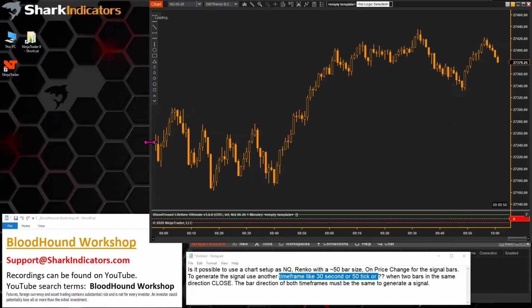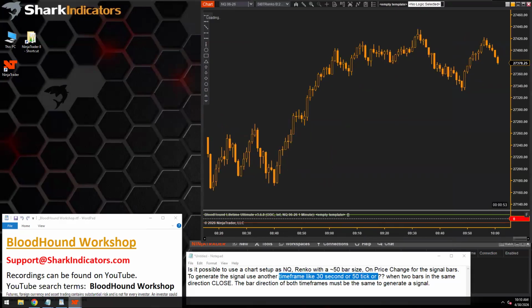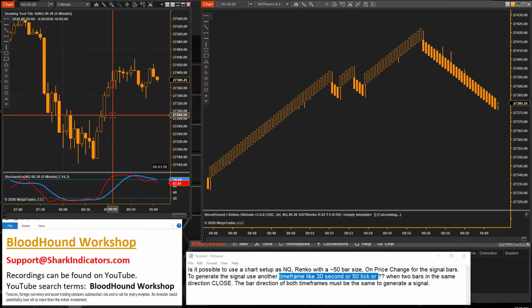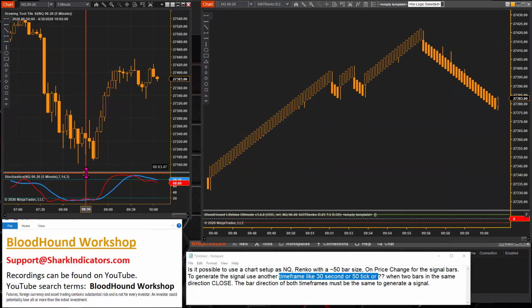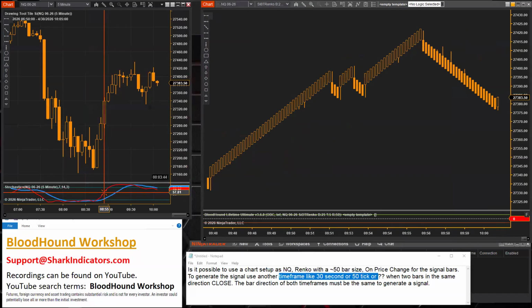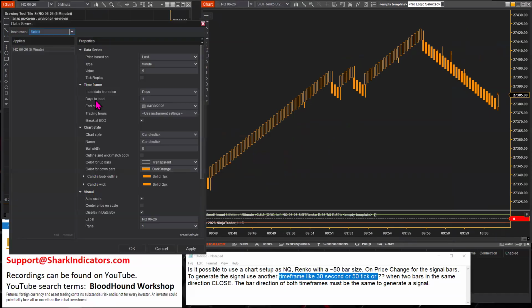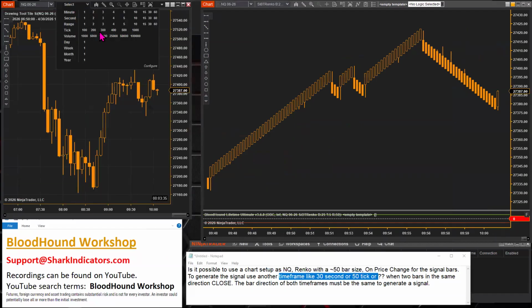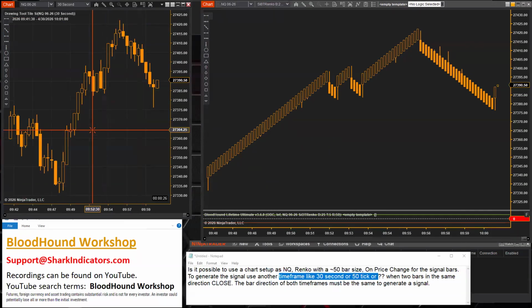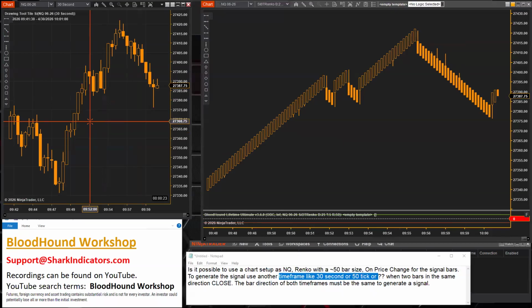All right, so this will be the Renko chart, and let's pull this other one up here. I'll set this one to the 30-second chart. There. And all right, that was pretty darn quick.